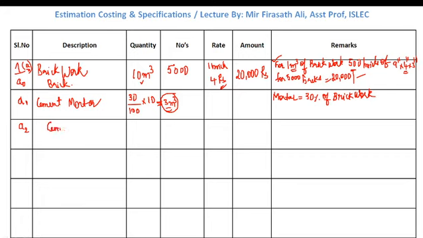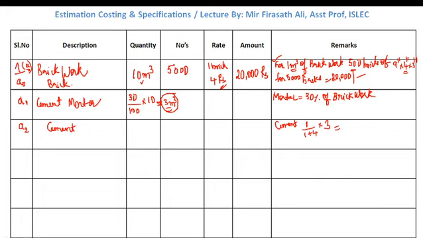Now we will talk about cement. How much cement do we need? For 3 meter cube, to calculate the proportion of cement, the proportion is 1:4. So cement is 1 by 1 plus 4 into volume of cement mortar, which is 3.